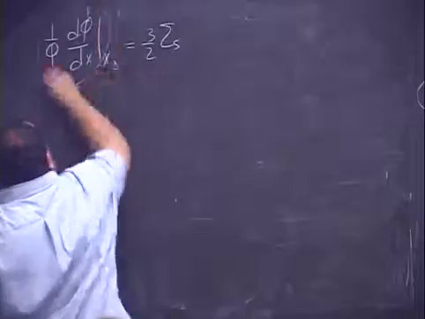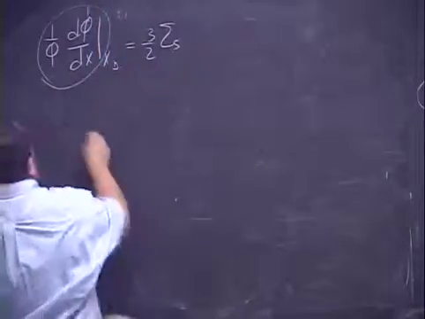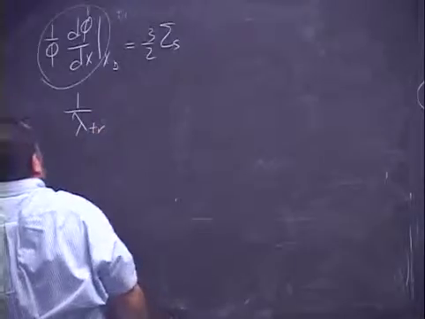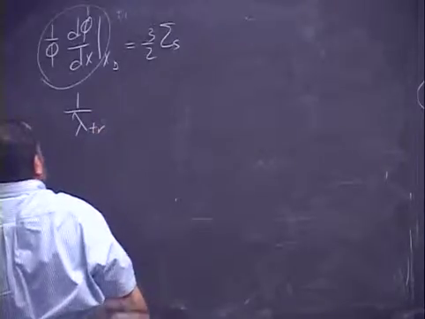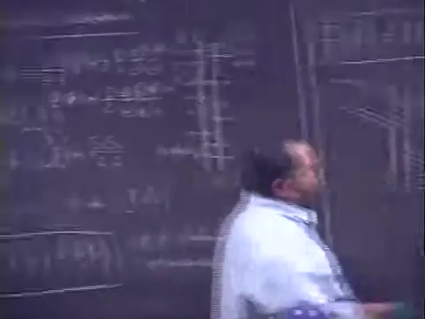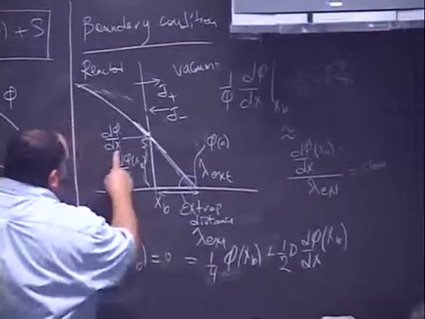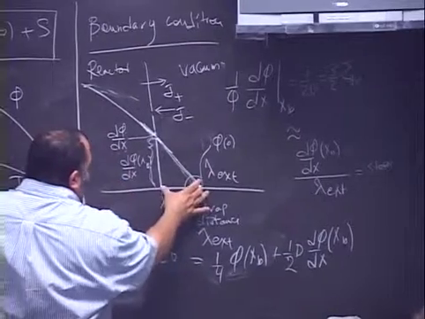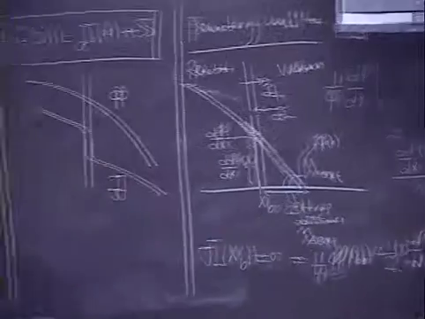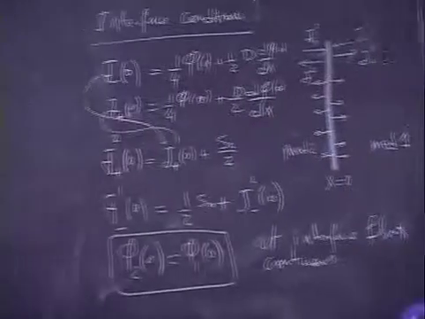This quantity evaluated at xb is nothing more than 1 over lambda extrapolated, because lambda here is phi at 0, or at xb, divided by dphi/dx.